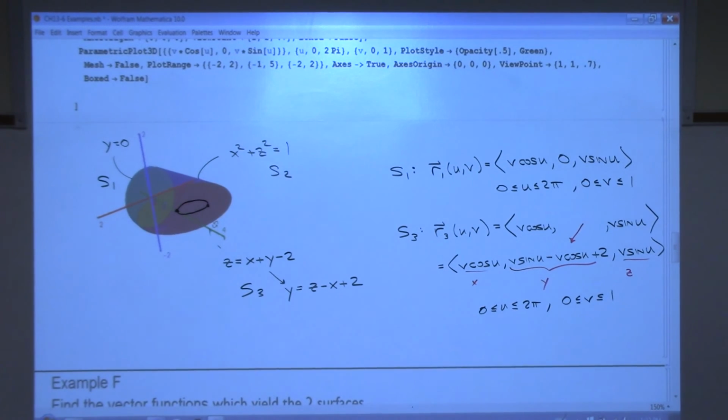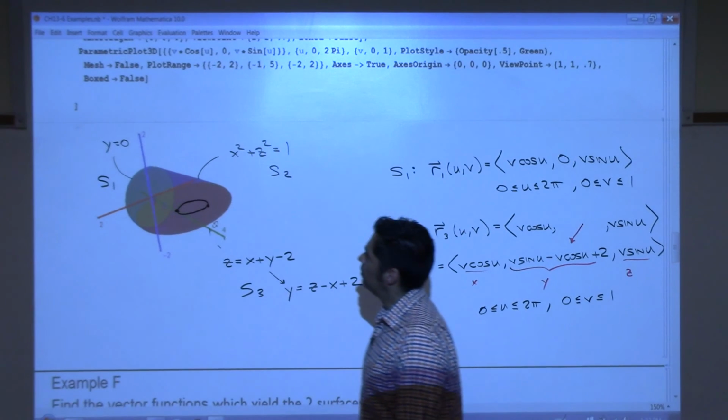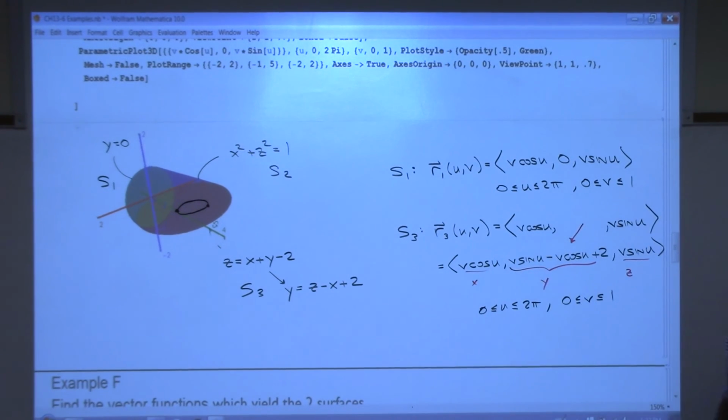Okay, what about S2? It's a cylinder, but you're cutting it between two planes. Yeah, it's a cylinder between two planes.